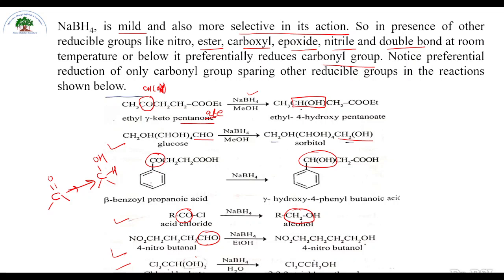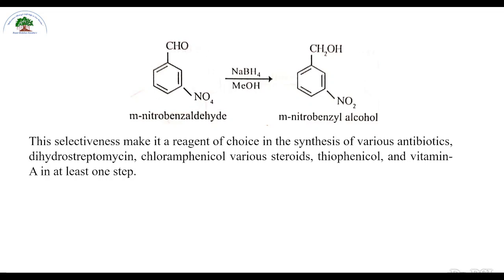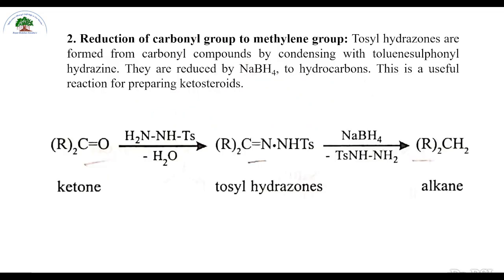So when other functional groups are present, it only reduces the carbonyl to the corresponding reduced groups. In meta-nitrobenzaldehyde, the aldehyde has been changed to primary alcohol.